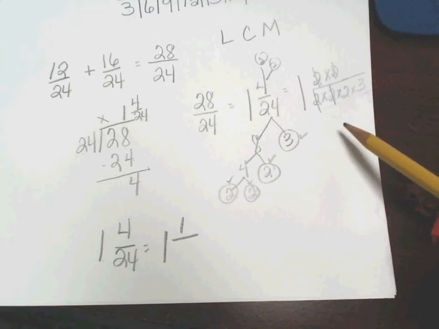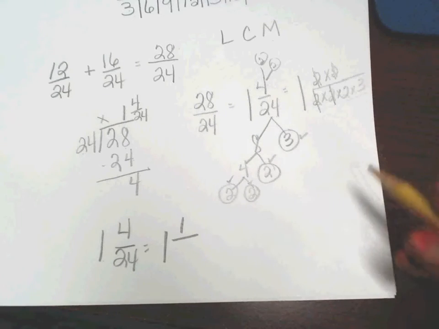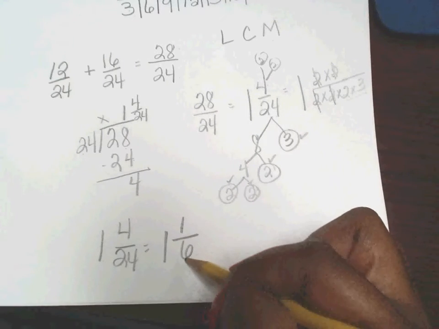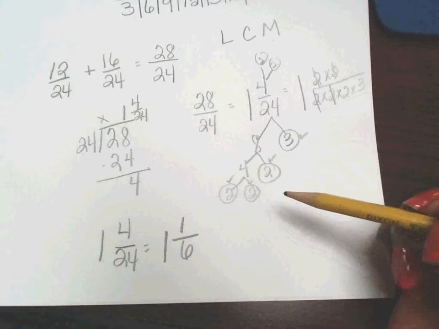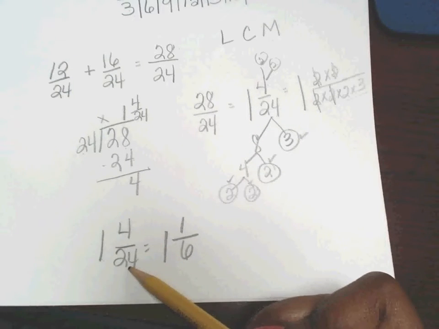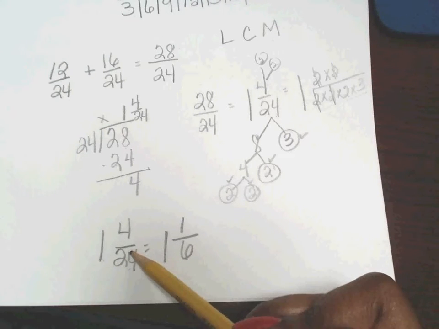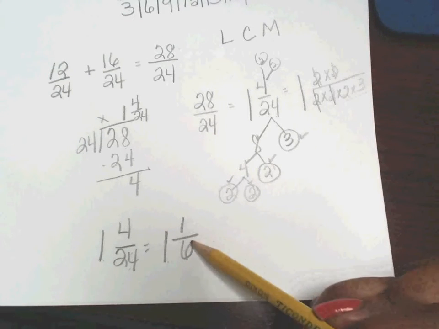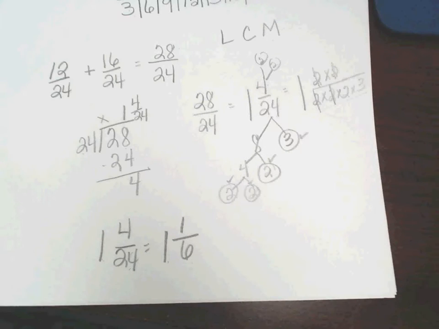That doesn't change the value of that fraction. Now let's see what we have left at the bottom. 2 times 3. All right, 2 times 3 is 6. So our new reduced mixed number is 1 and 1/6. So 1 and 4/24 equals 1 and 1/6.